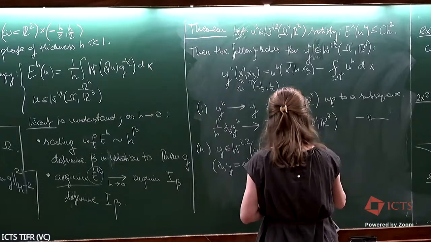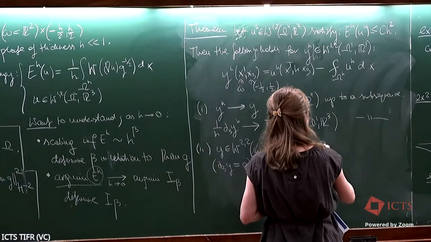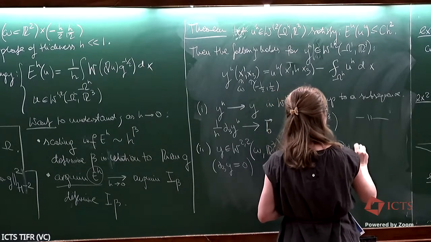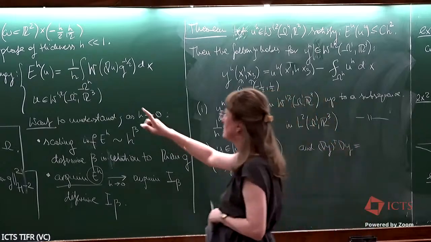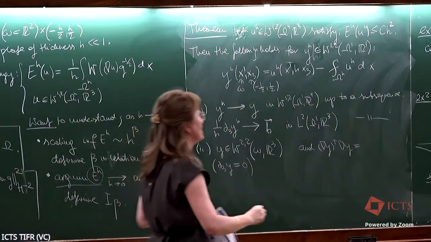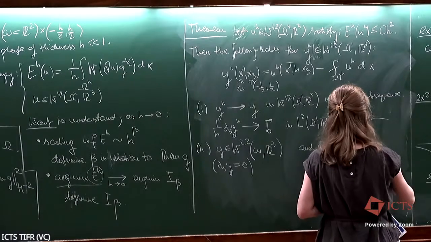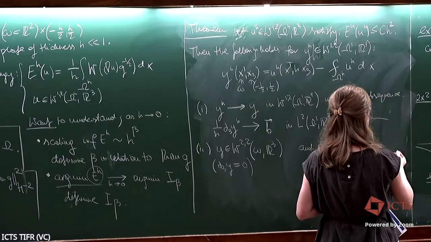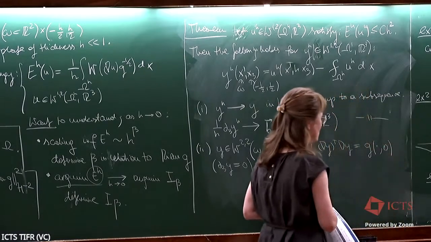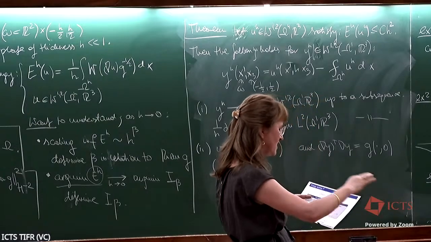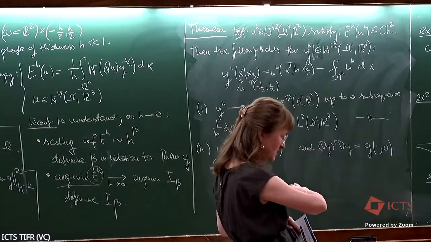And this y is an isometric immersion of the metric G, which gives me my functional here. First of all, it's restricted to x3 equals 0. I'm just looking at the restriction of this metric on the midplane.